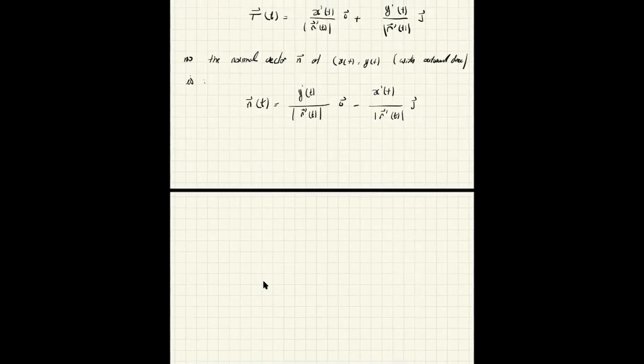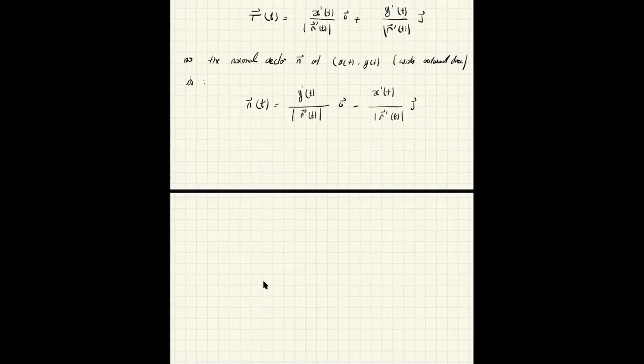You can give an argument just by looking at whether x prime and y prime are increasing or decreasing as you move along the curve. By analyzing the sign of each component, you realize that it always points outward.